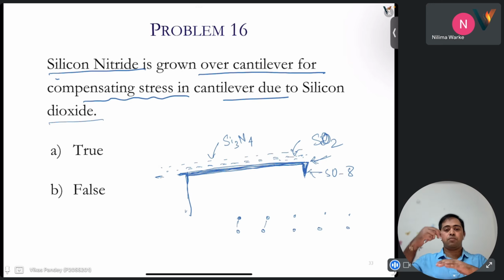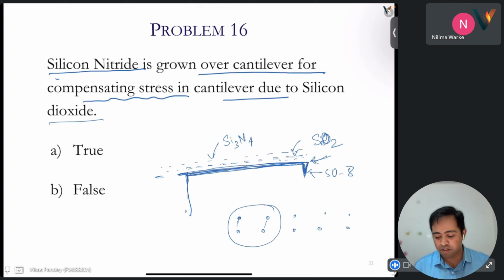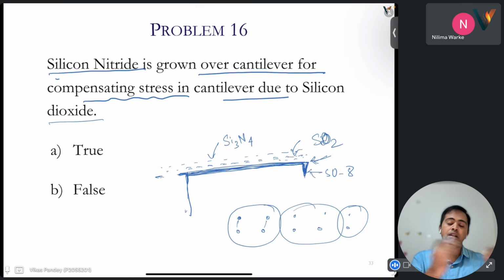A stress was moving it up, and another stress we are putting moves it down. So the resulting stress cancels out and we get a straight structure. These happen at a very small level, in processes like epitaxy and all.